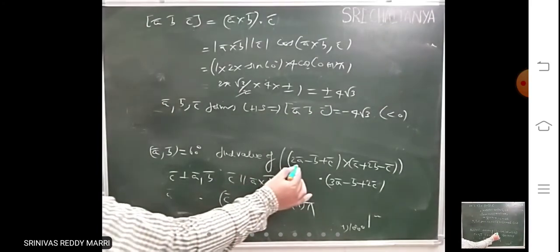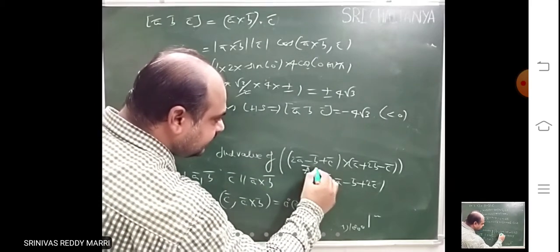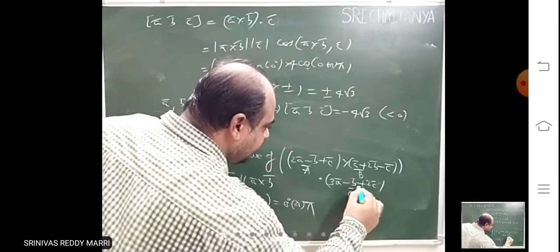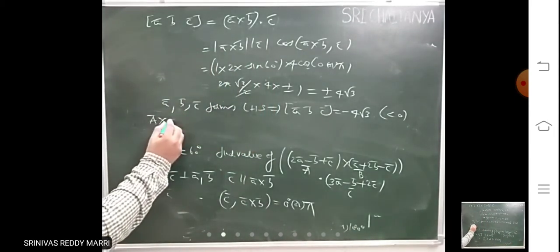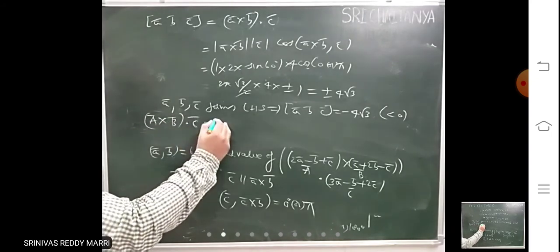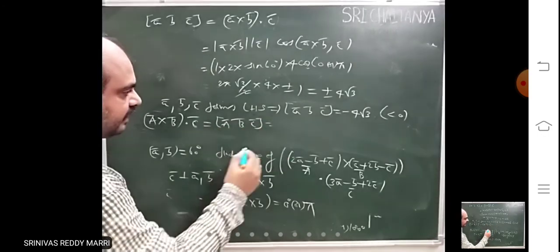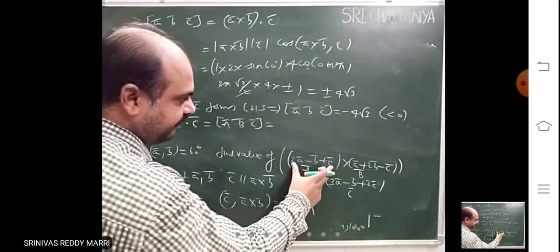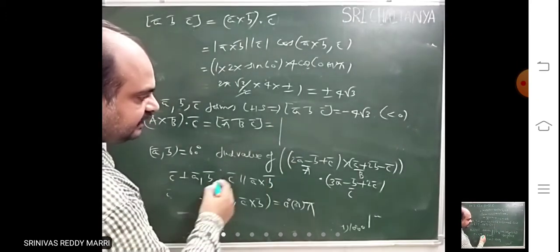So the required one, let us say this is A bar, this is B bar, this is C bar. That means the given one is nothing but A bar cross B bar dot C bar, which is the box of A bar, B bar, C bar. Therefore, what is that value?